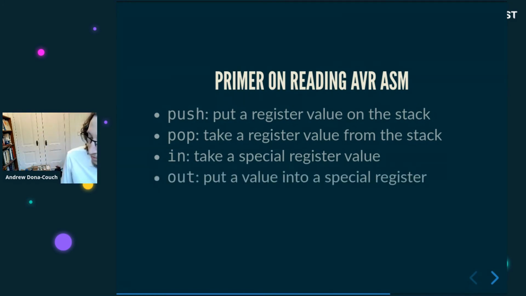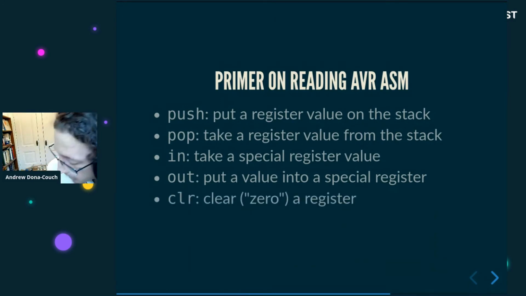And we have an out command that'll take a value from a general register and put it into a special register. So push and pop take register values to and from the stack, and in and out take register values to and from special registers.